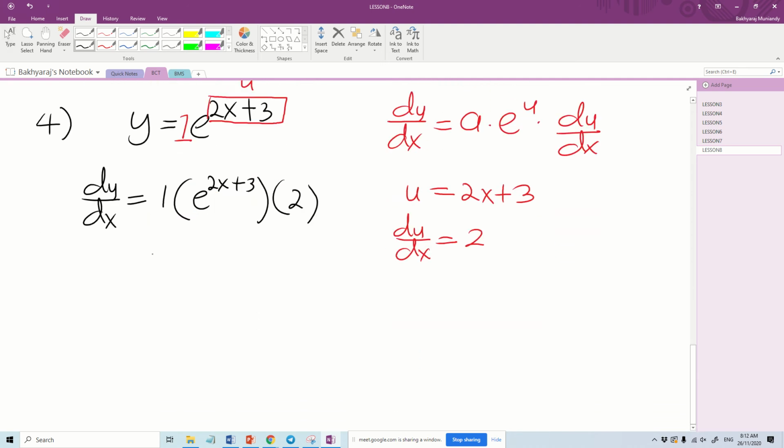So our answer will be 2 exponent 2x plus 3.